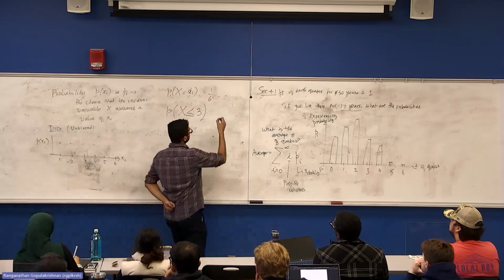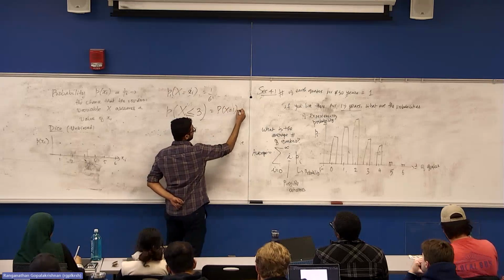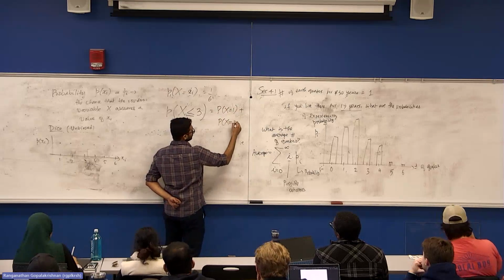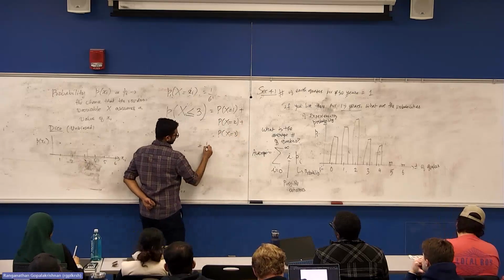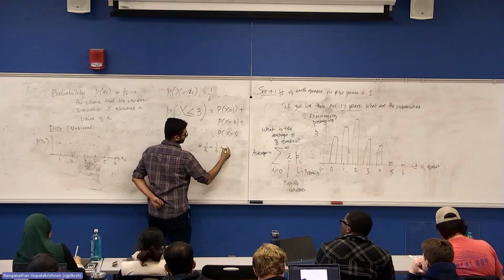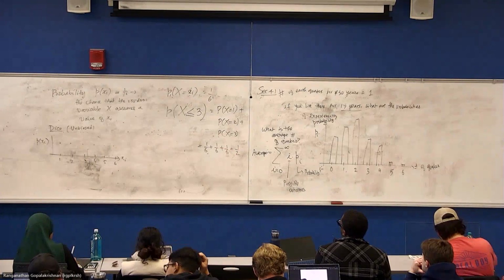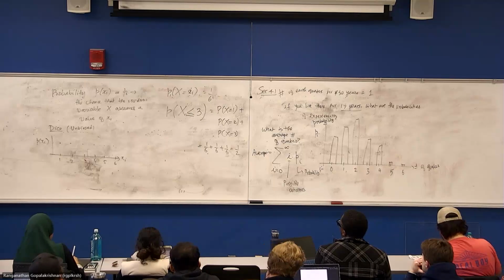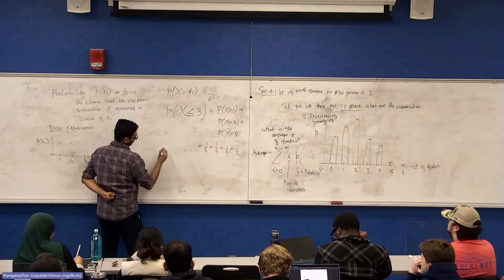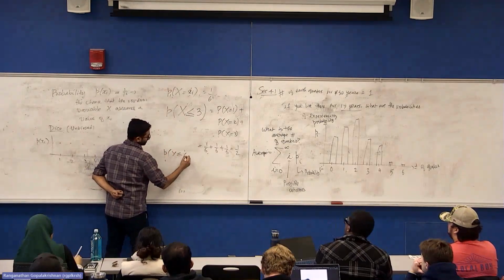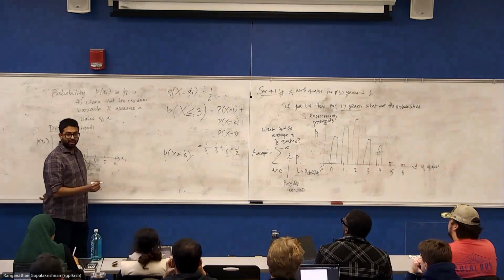More importantly, there are 3 favorable outcomes. That is the probability of x equals 1 plus the probability of x equals 2 plus the probability of x equals 3, which is 1/6, 1/6, 1/6, 1/2. Okay. So what is the probability that x is less than or equal to 6? Just tell me quickly. 1, right?